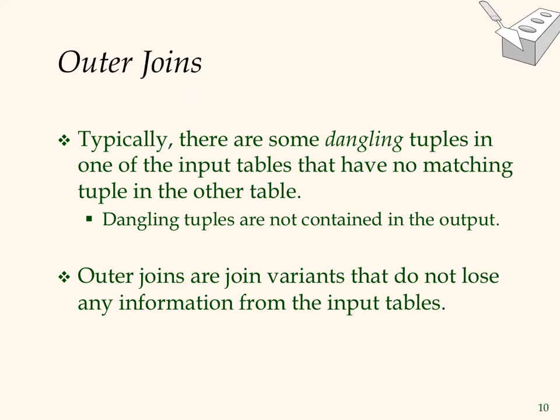So what happens in a join is that you're taking the cross product of two tables, filtering by a condition, and often you have some tuples in one table that don't match tuples in the other table. So for example, if you had sailors who've never reserved a boat, then when you join sailors and reserves, those sailors will just be lost.